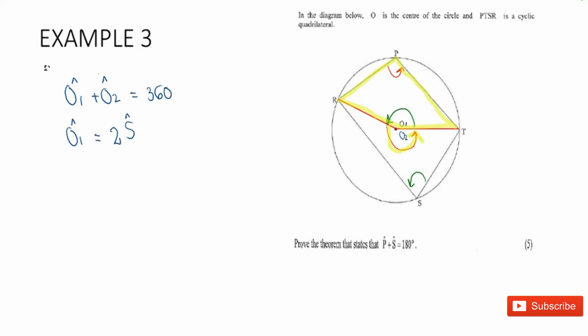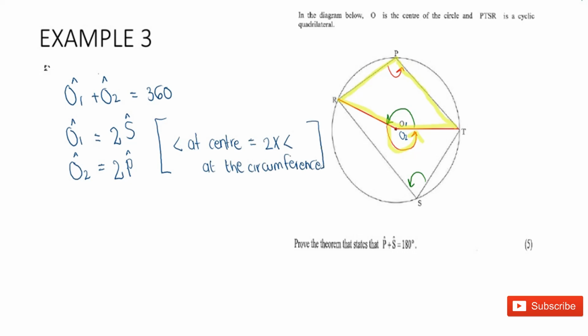So our angle O2, the angle at the center, is equal to 2 times the angle at the circumference, which is angle P. The reason we give for this is the angle at the center is equal to 2 times the angle at the circumference. So now how do we put these two things together?